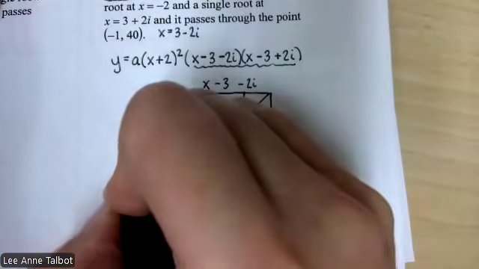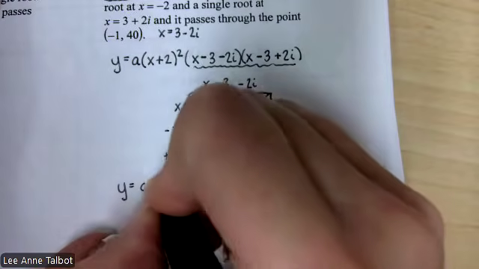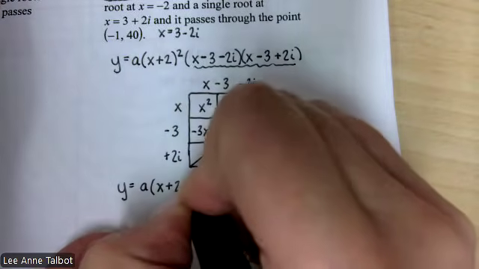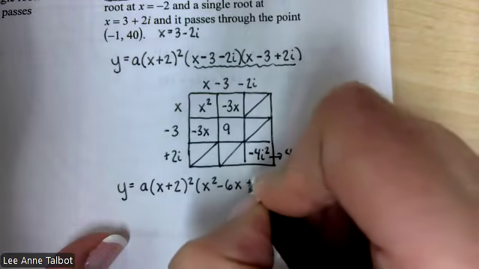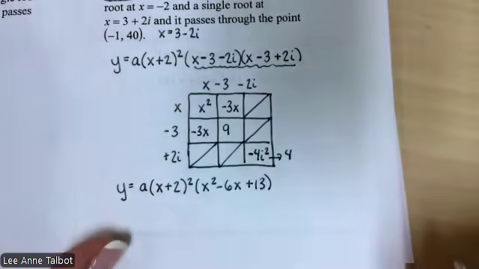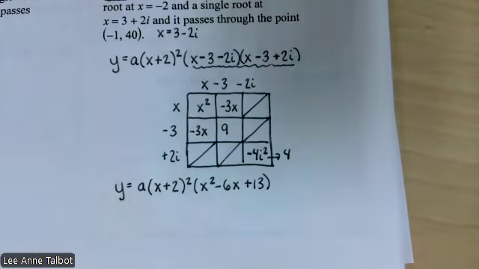Okay, so now I have y equals a times x plus 2 squared times x squared minus 6x plus 13. Okay, are you completely clear from where that all came from? Okay, now this is the point where I would solve for a. So I plug in my x and y.